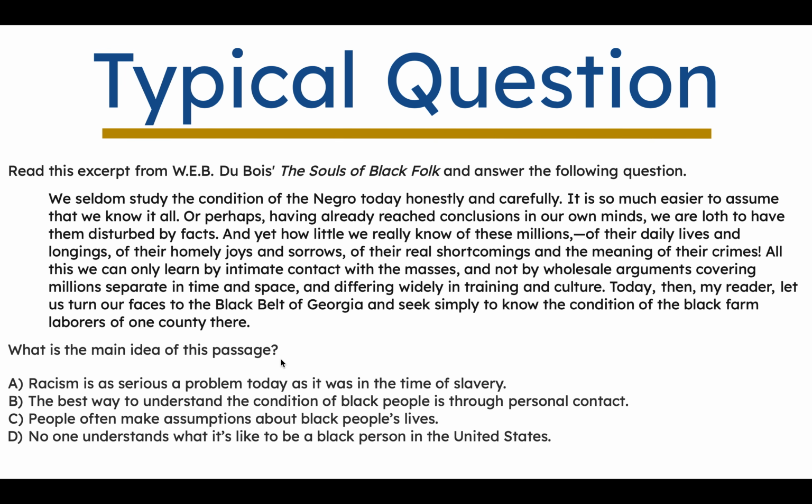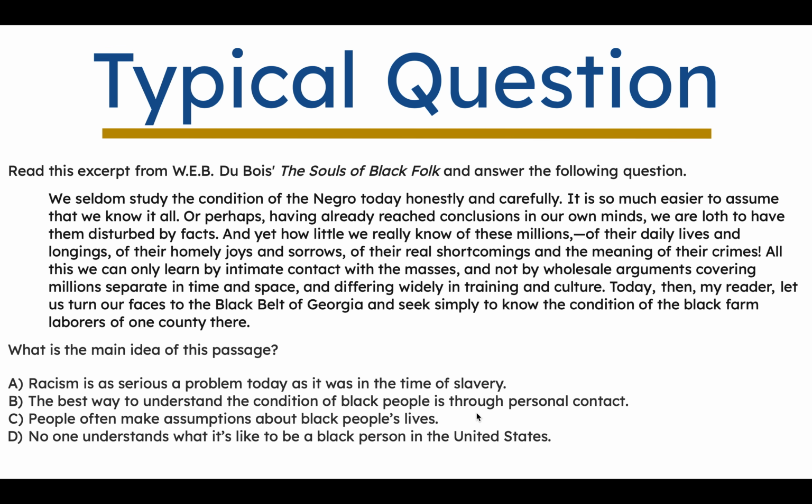It's not A. B: the best way to understand the condition of black people is through personal contact. If you look in the middle of the paragraph, it says, all this we can only learn by intimate contact with the masses and not by wholesale arguments covering millions separate in time and space. So that one seems okay. Is that the main idea? I don't know. It's definitely being talked about, unlike slavery and racism. So I'm going to keep B around to the next round.